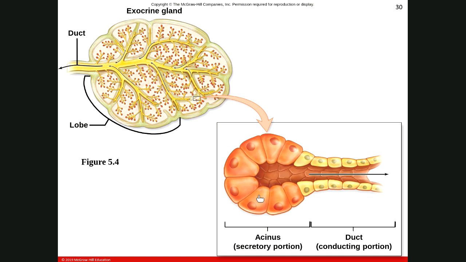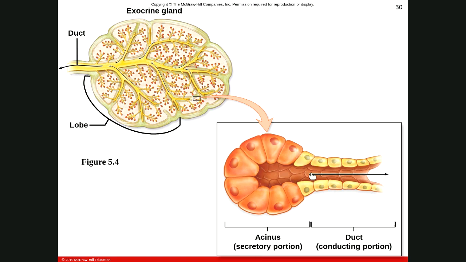We call that the acinus. Its physiological role is to secrete things. The anatomical or structural name for this area is the acinus. The physiological or functional name would be the secretory portion, where we're making our secretions.